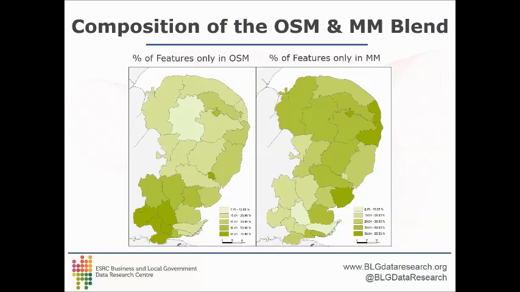About 26% is only in the OpenStreetMap, and about 28.5% is only in the MasterMap.